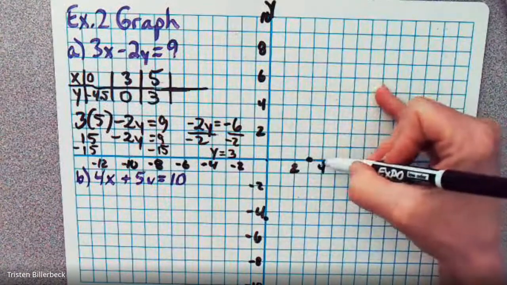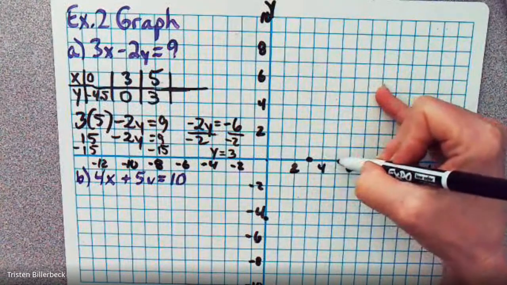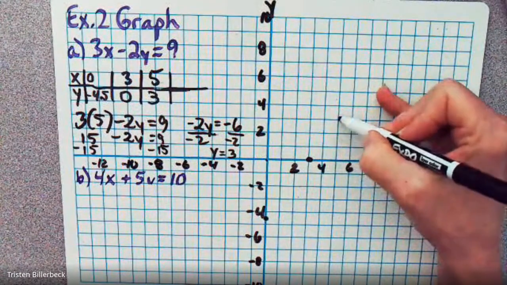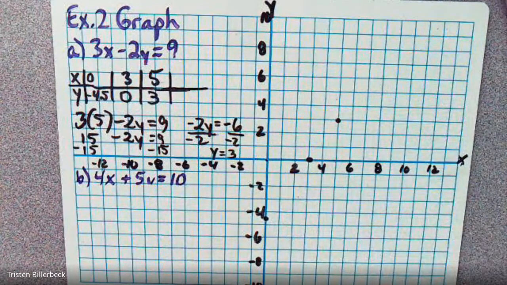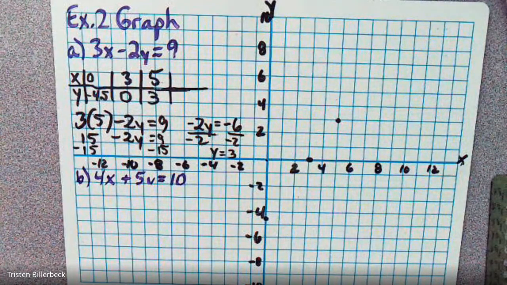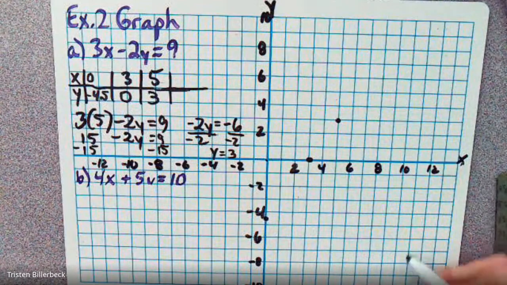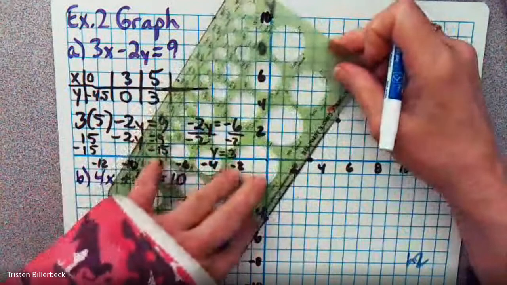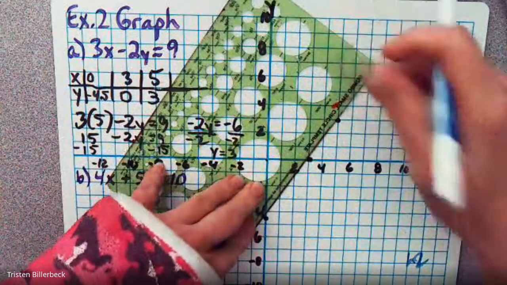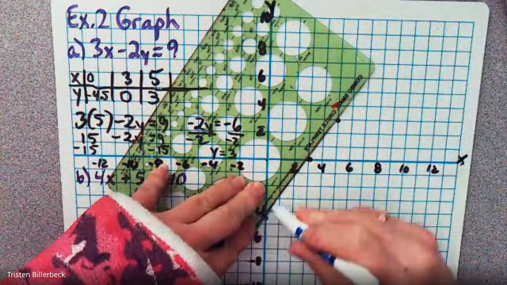So we go to 5 right here and go up to 3, which is right here. And look at that. It's right in line. So then we get our straight edge and we make a nice line. Let's see if this works. Okay, so take that and make a line.